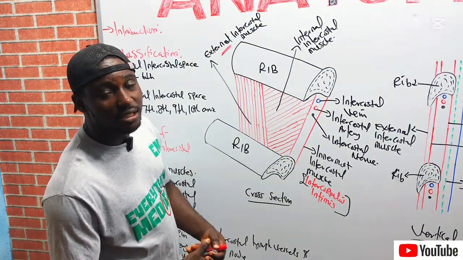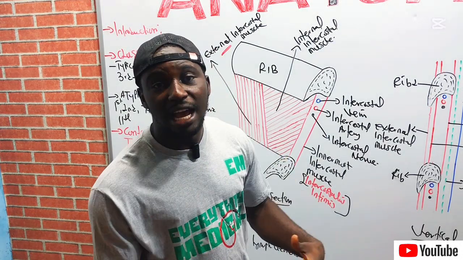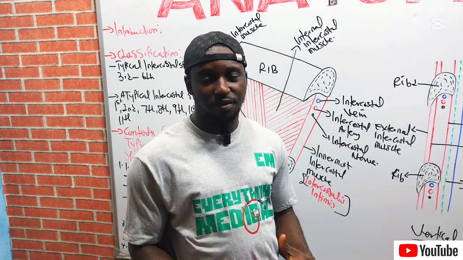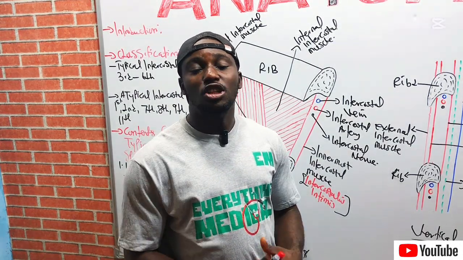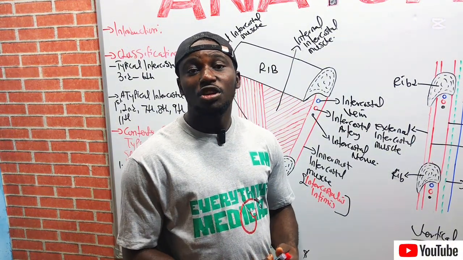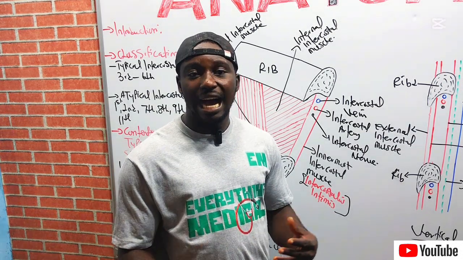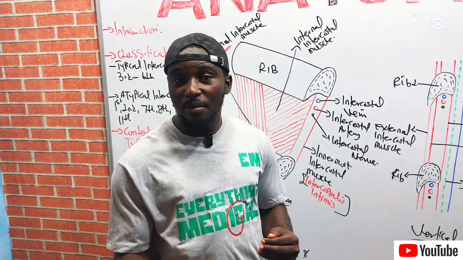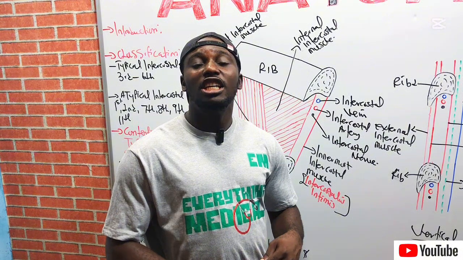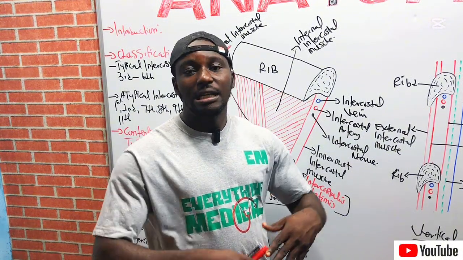So the intercostal nerve is an important nerve on the thorax. We have 12 pairs of thoracic spinal nerves which supply the thoracic wall. As soon as this nerve leaves the intervertebral foramen, it divides into two, the anterior and posterior primary rami.